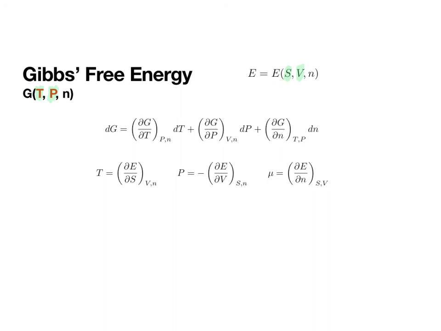When we are doing a reaction out on the bench, temperature and pressure are the two things that are the easiest for us to control. So Gibbs free energy becomes a very useful term because experimentally it's in terms of variables that we can work with.